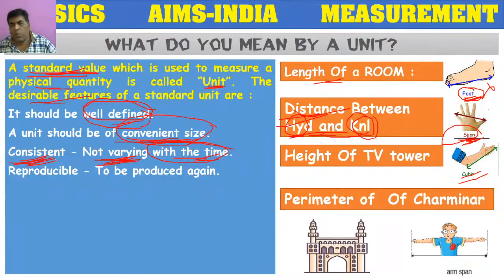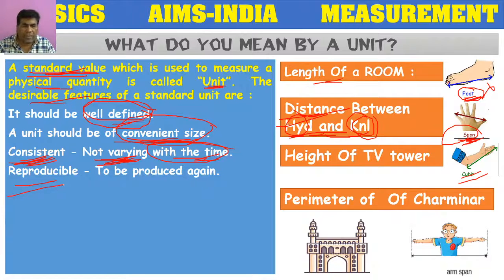He cannot produce the same length that I have measured here, because I have measured with my arm span, which is not available at the shop. So it should not be of that kind. It should be of reproducible nature.